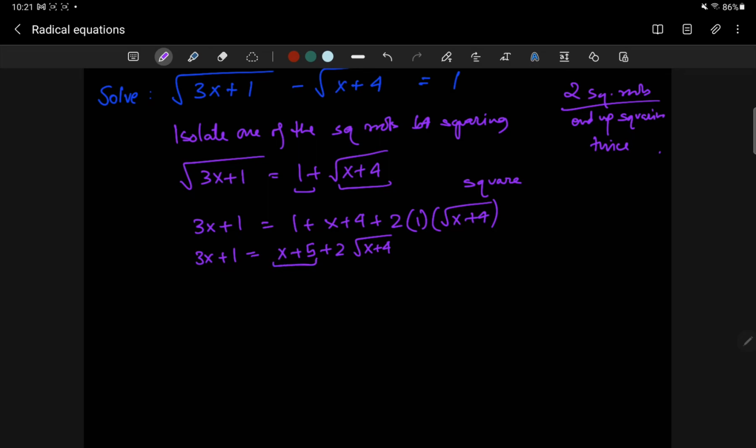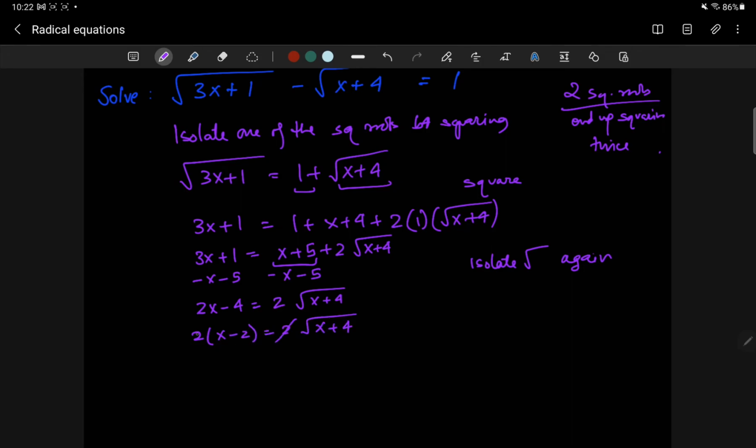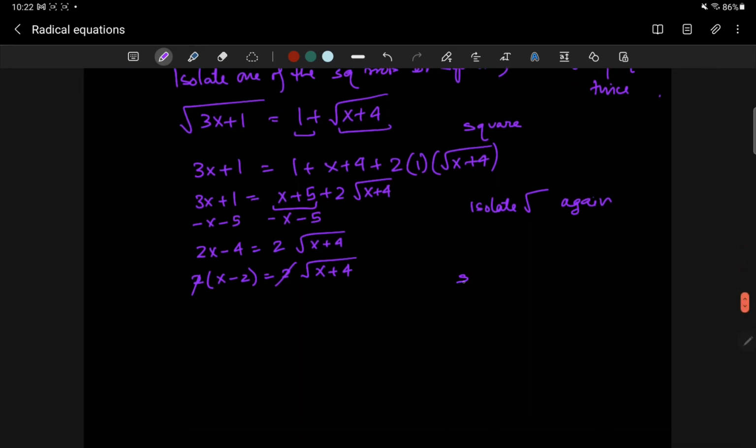Now I isolate the square root again. So I subtract x, subtract 5, subtract x, subtract 5. 2x minus 4 equals 2 times root of x plus 4. In this case, actually, I can factor out a 2 and cancel this out as well. And now we're going to square again.